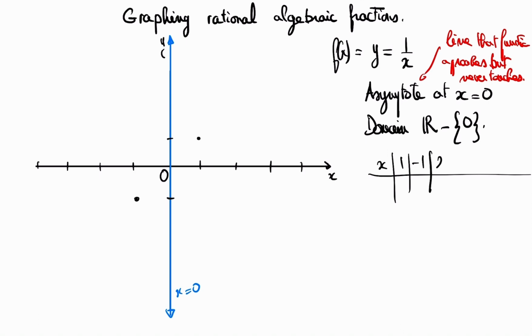At x equal 2, that's equal to 1/2, so this point. At x equal 1/2, that's equal to 2, so that's here. At x equal 3, that's 1/3, so that's here. At x equal 1/3, that's 3, so that's here. So I can draw the x side.